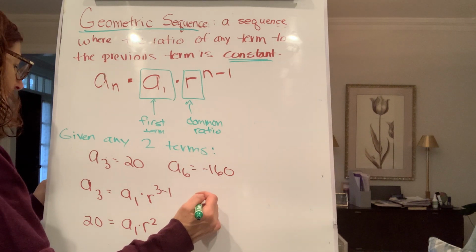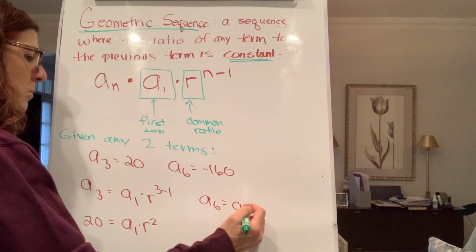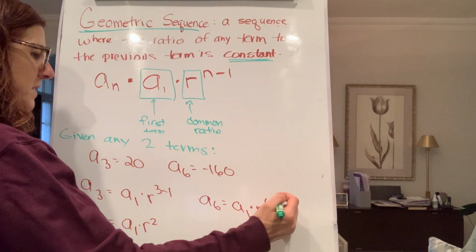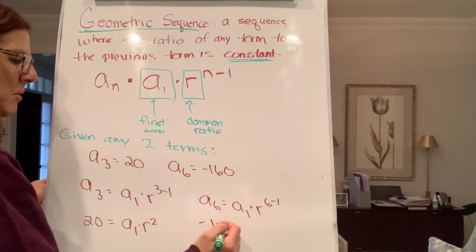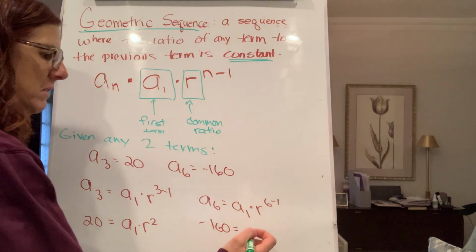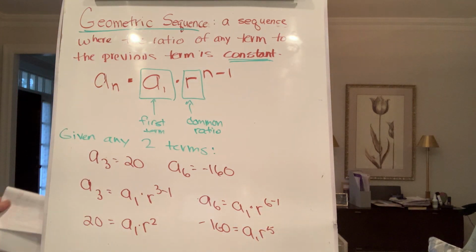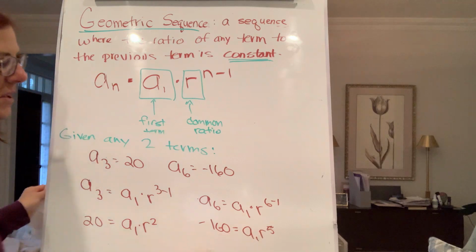Over here, a6 equals a1 times r to the 6 minus 1. I can plug in negative 160 for a6, so I get negative 160 equals a1 times r to the 5th.